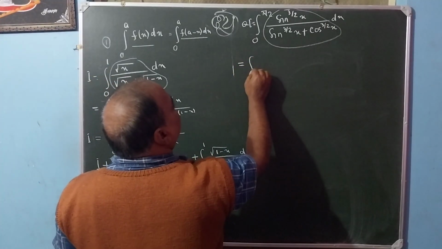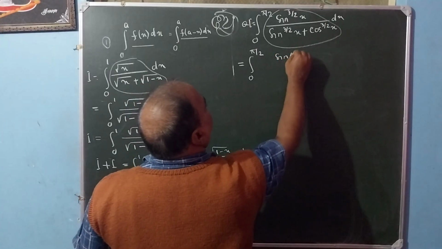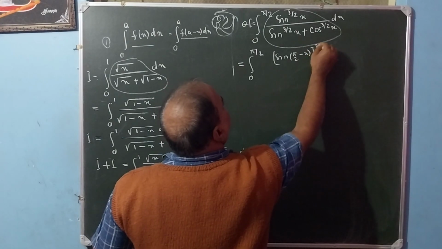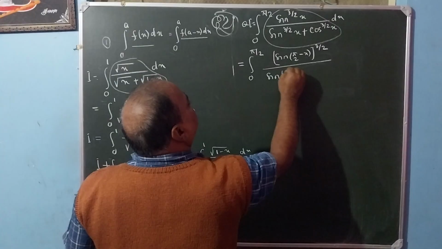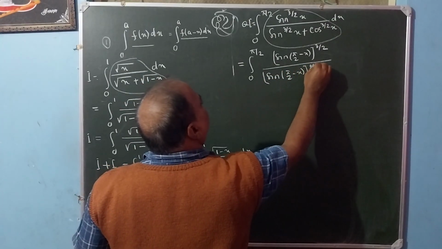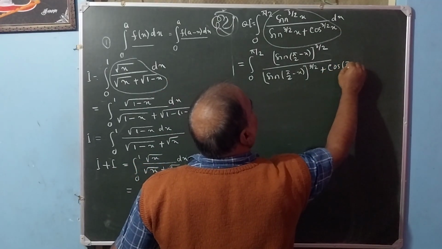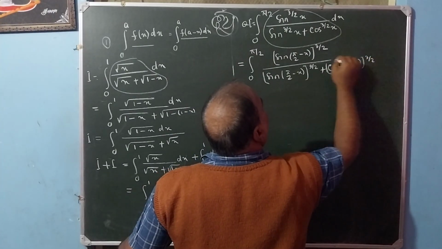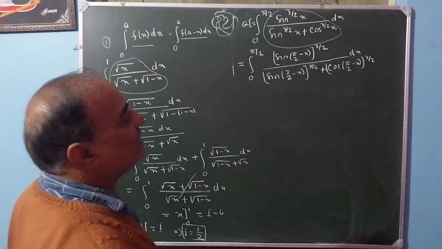So that will be integration from 0 to pi by 2 of sin(pi by 2 minus x) to the power 3 by 2 divided by sin(pi by 2 minus x) to the power 3 by 2 plus cos(pi by 2 minus x) to the power 3 by 2, dx. Sin(pi by 2 minus x) is cos x.